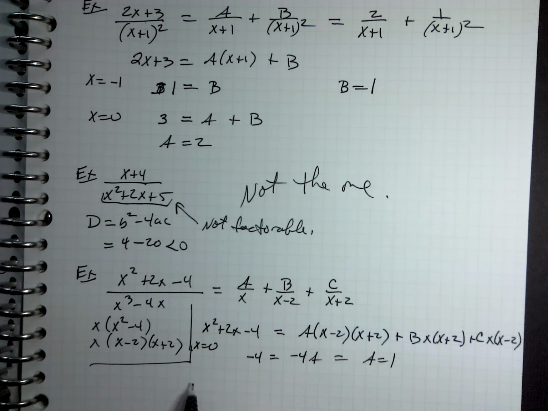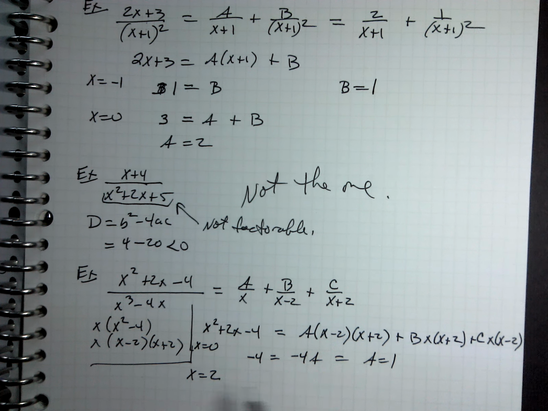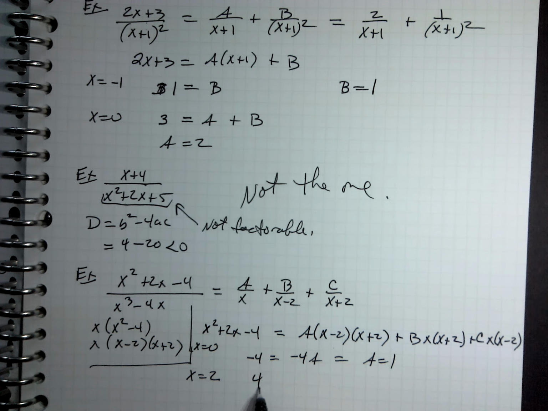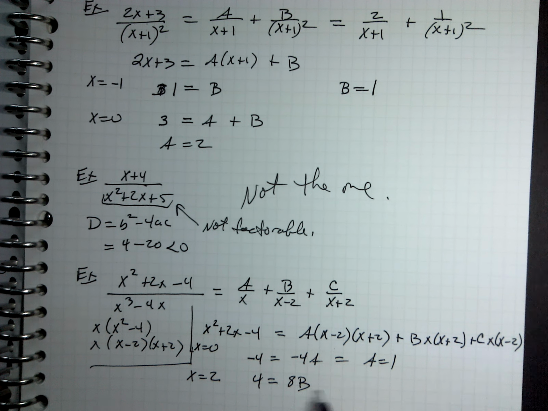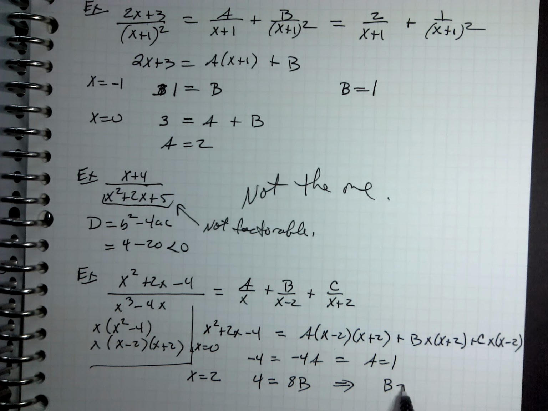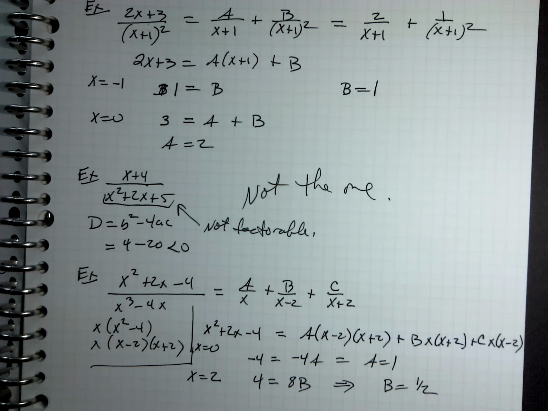Now my next choice will be x equals 2, because that'll make that one 0. So my a term is 0, my c term is 0. I'm left with the b term. Let's do the left side first: I get 4 plus 4, so 8. I have 8 is equal to b times 2 times 4, which is 8b, which means b is equal to 1/2.